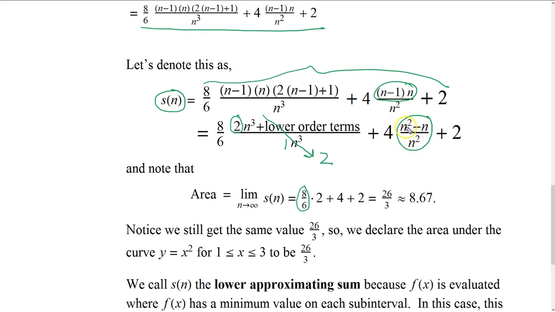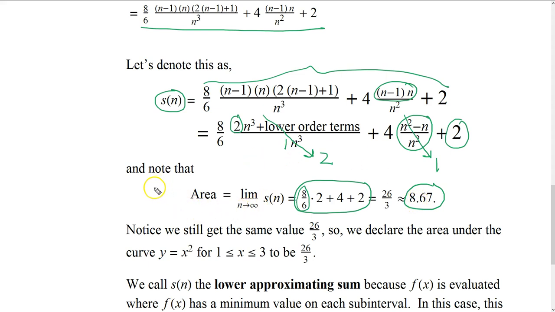Leading coefficients are both 1. So this is approaching 1. And the 2 just stays 2. So when we take the limit as n goes to infinity, we end up with 8/6 times 2 times 4 times 1 plus 2, and when you add all of this up, you still get 26/3, or 8.67. And that's the same value that we got for the upper approximating sum.